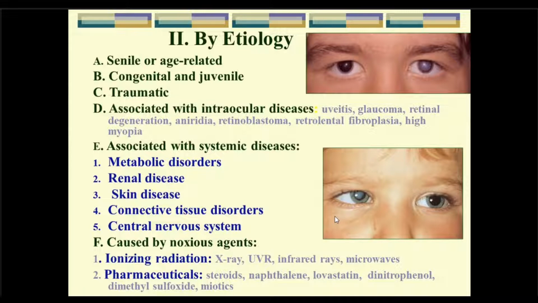Then congenital cataract, traumatic cataract, and cataract associated with intraocular diseases like uveitis, glaucoma, different retinal degenerations, and other diseases. Cataract may be associated with systemic diseases like metabolic diseases, for example diabetes mellitus, renal diseases, skin diseases, connective tissue disorders, and central nervous system diseases.